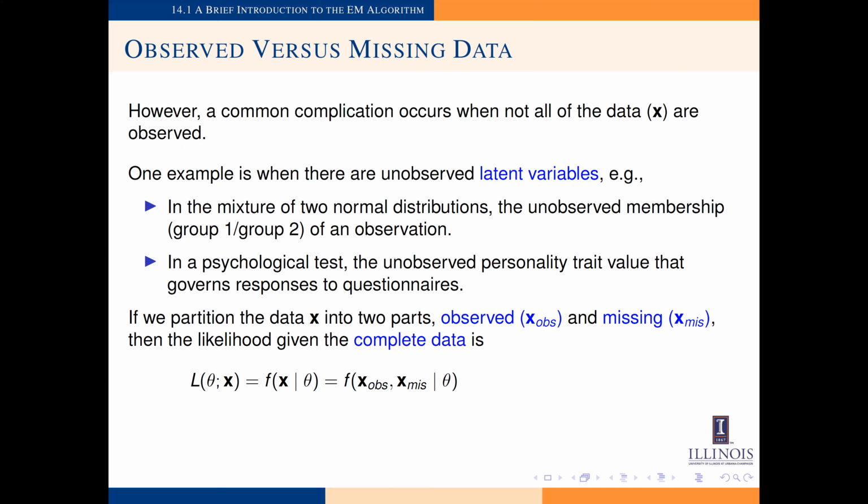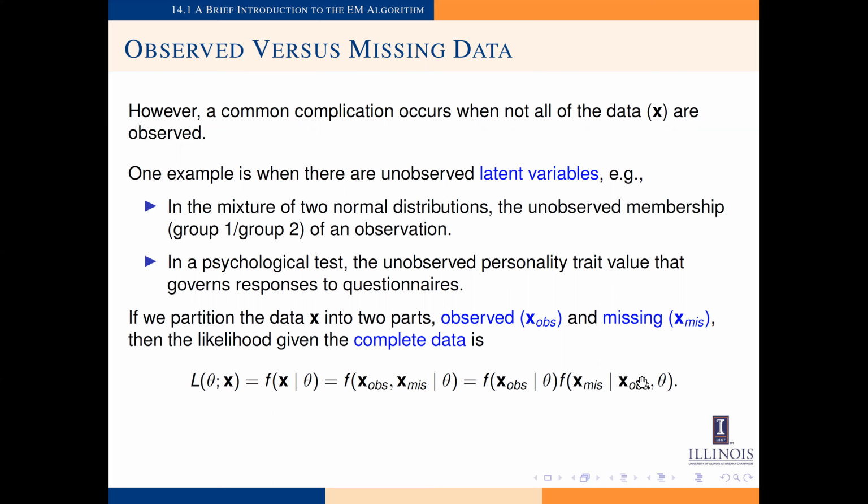So if we partition the data into two parts, the observed data and the missing data, then the likelihood given the complete data, that is all x's, is L of theta given x, and that is still the joint density of all of the data given theta, and that's equal to the joint density of the observed data and the missing data given the unknown parameter theta.